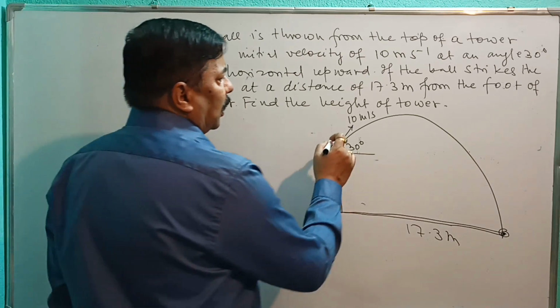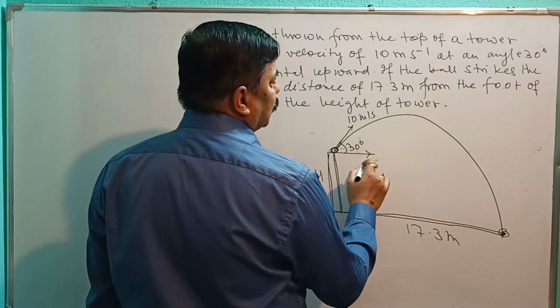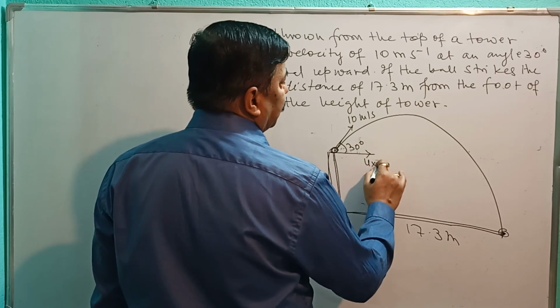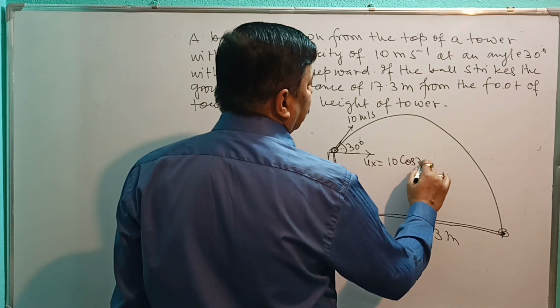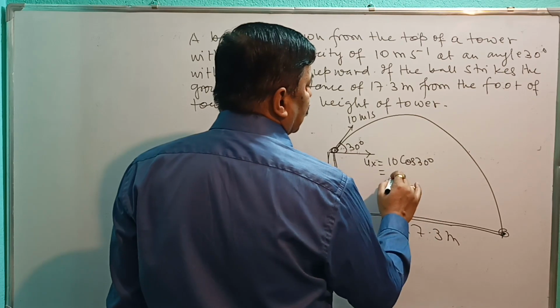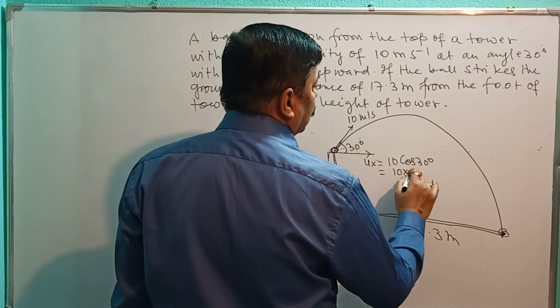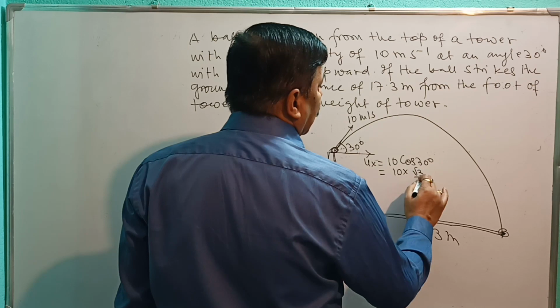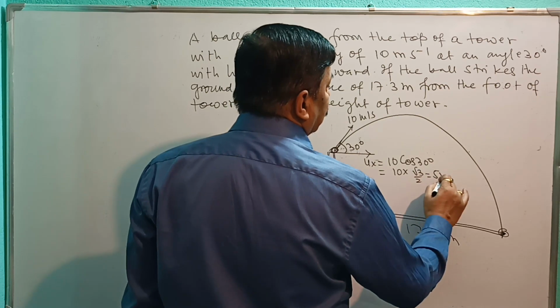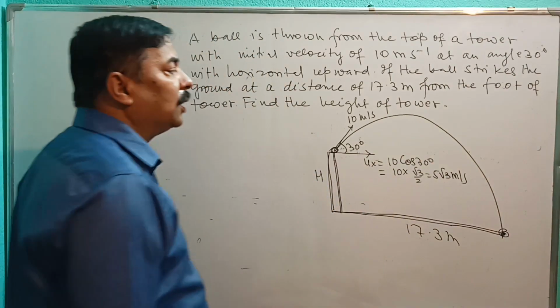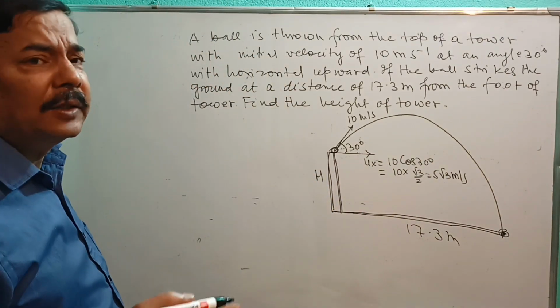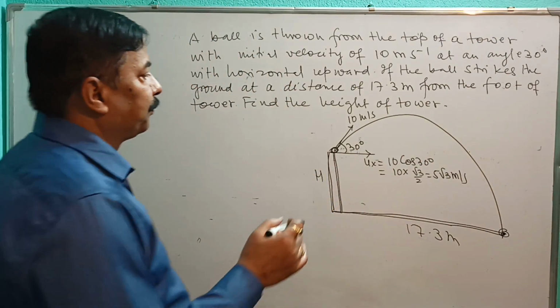This ball, as you see, has two components. ux is equal to 10 cos 30 degree, that is 10 into root 3 by 2, that is 5 root 3 meter per second. This is the horizontal component which remains constant throughout the motion.